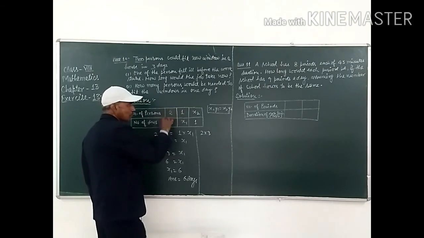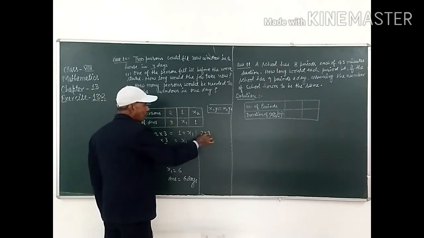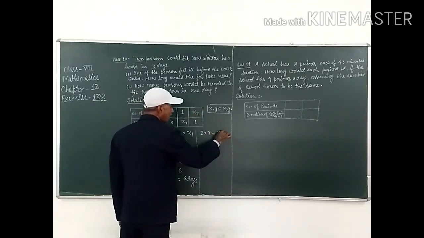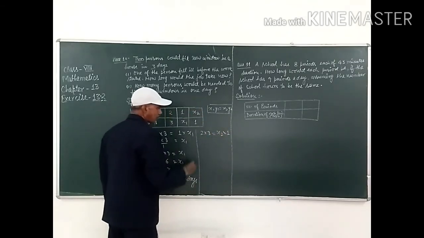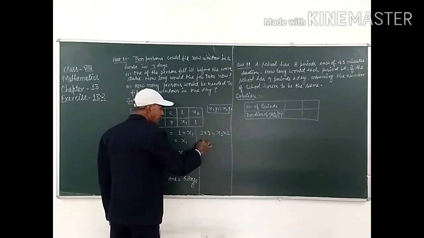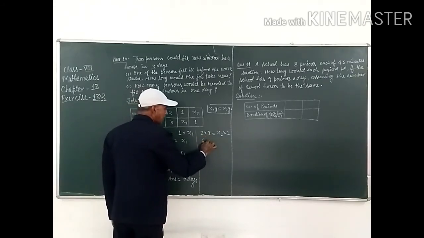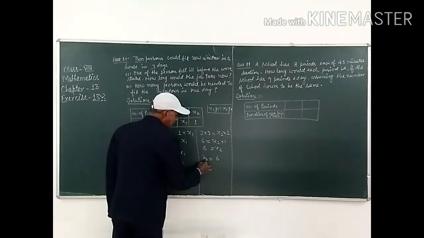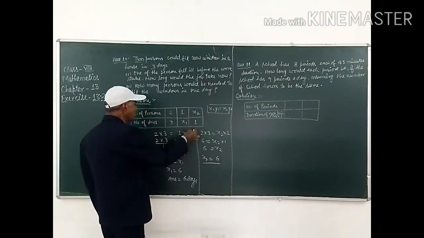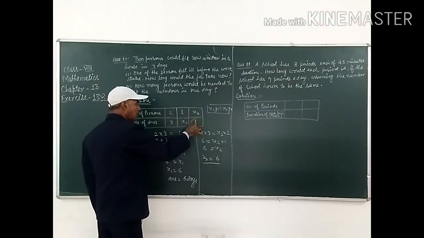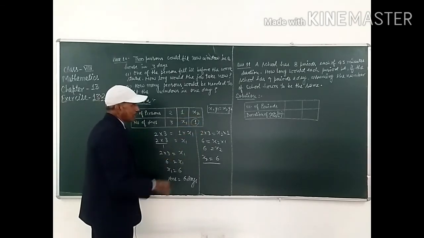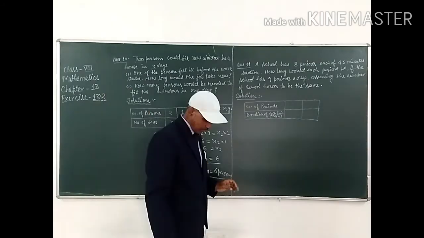In place of x1 there is 2, in place of y1 there is 3, is equal to x2 into 1. Now 2 threes are 6 is equal to x2 into 1, or x2 is equal to 6. If we want to complete the job in one day, then 6 persons would be needed. The number of persons would be 6.